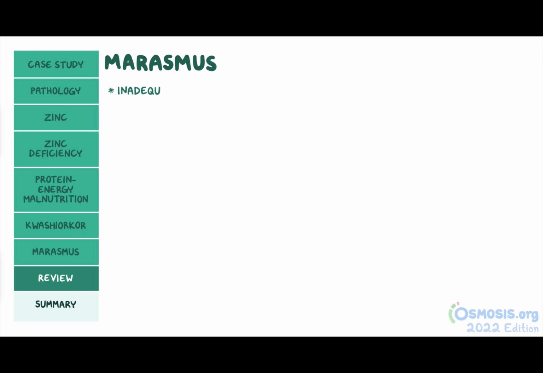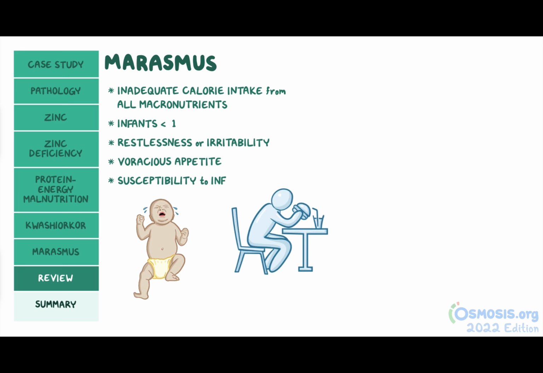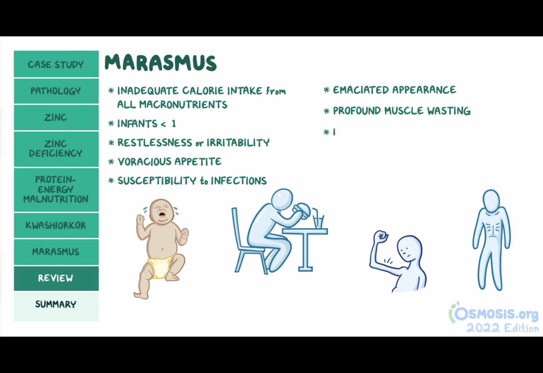Marasmus is due to inadequate calorie intake from all macronutrients and presents in infants under the age of 1 with restlessness or irritability, voracious appetite, susceptibility to infections, an emaciated appearance, profound muscle wasting, and a dry and wrinkled skin. However, with marasmus, the abdomen is typically flat, and there is no edema or hepatomegaly.